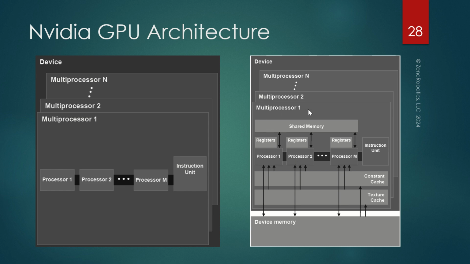So the multiprocessor indicates multiprocessors, and then these are the processors within this block. And so the shared memory can be shared amongst all of the processors within a multiprocessor, but not between multiprocessors. So that's just another one of those caveats.